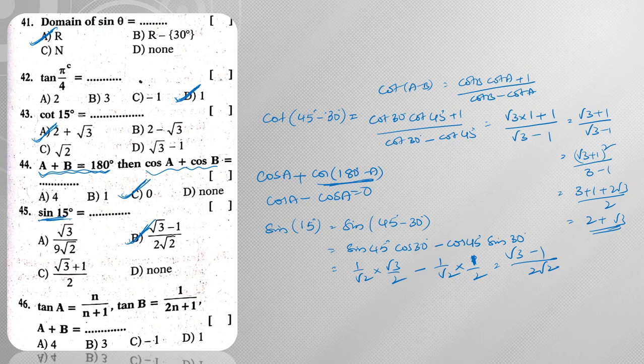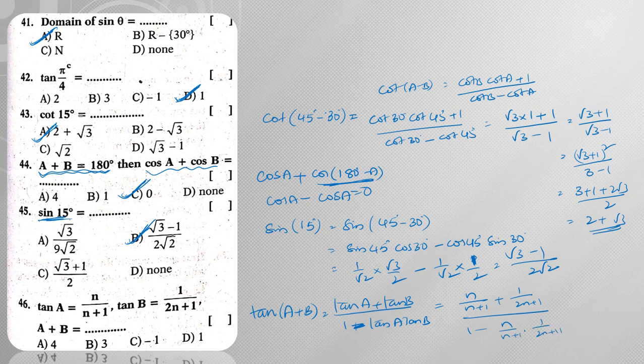Next, tan A is equal to n by n plus 1, tan B is equal to 1 by 2n plus 1. Then what is the value of A plus B? Directly I can consider the value of tan of A plus B. Tan of A plus B is given by tan A plus tan B by 1 minus tan A into tan B. Now on substituting the values, what am I going to get? n by n plus 1 plus 1 by 2n plus 1 by 1 minus n by n plus 1 into 1 by 2n plus 1.